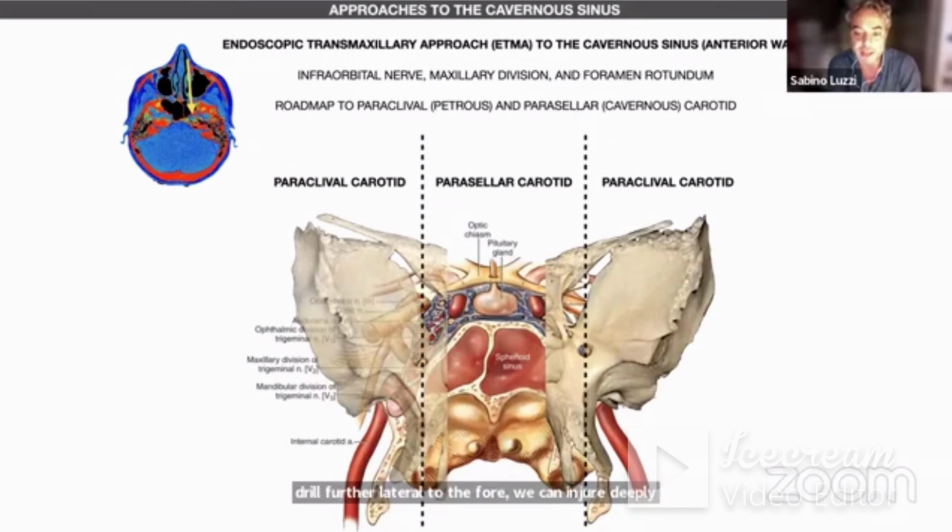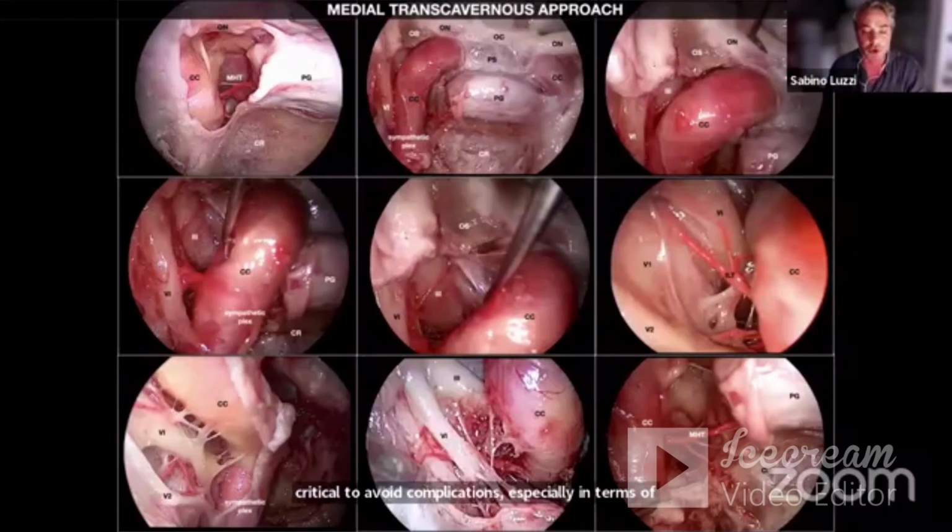But if we drill medial to the foramen rotundum, just superior, we risk injuring the lacerum part and the intracavernous and paraclival part of the carotid artery, as shown here. This relationship is critical to avoid complications, especially internal carotid artery injuries, when we perform endoscopic skull-base approaches.